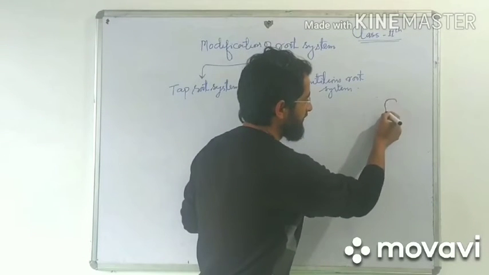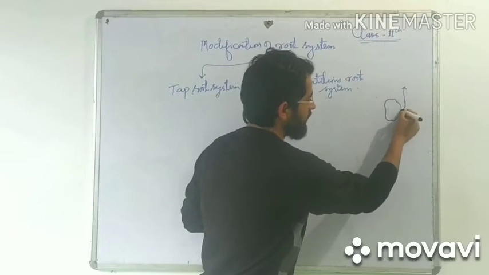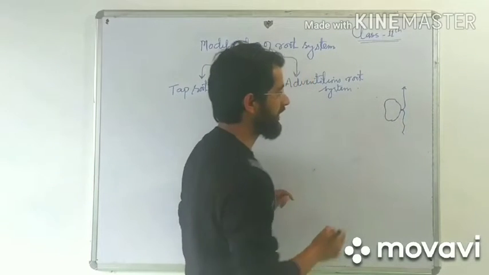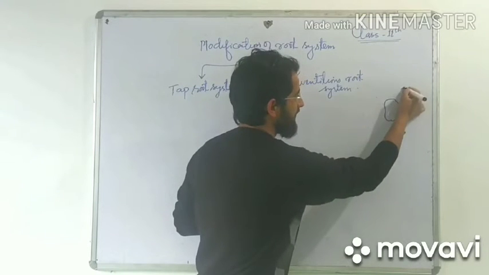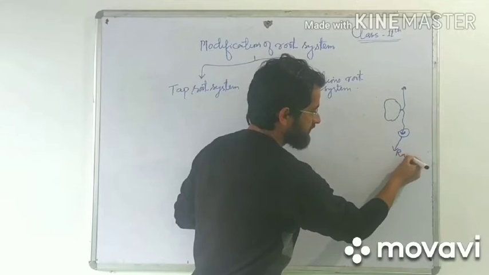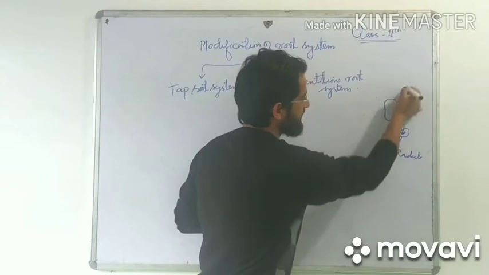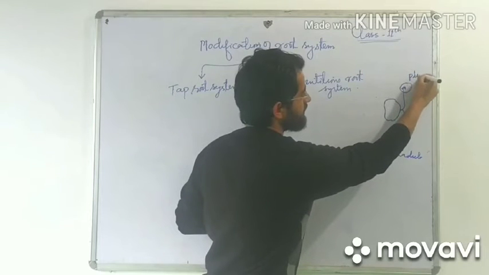This is the seed embryonal part. Here develops the epicotyl, this is the hypocotyl, and this mass of meristematic cells represents the radicle, and this represents the plumule.